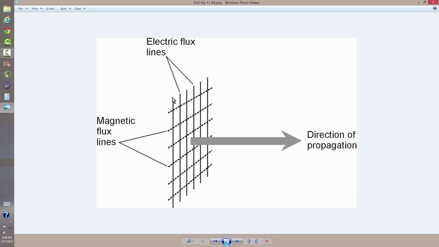But let's just imagine for a moment that these electric flux lines run straight up and down. The magnetic flux lines run straight north and south. The reason they're straight is because we are so far away from the source of the electromagnetic field that the lines look straight over the area we're considering, say 100 meters square.